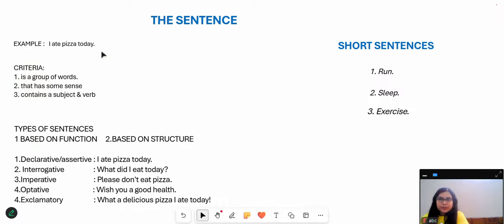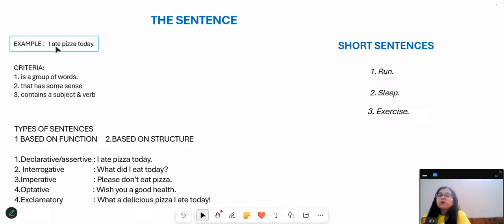The second criterion is that it should make some sense, and this is making sense. The third criterion, that a sentence should have a subject and a verb, is also satisfied here. We have I as the subject and ate as the verb.